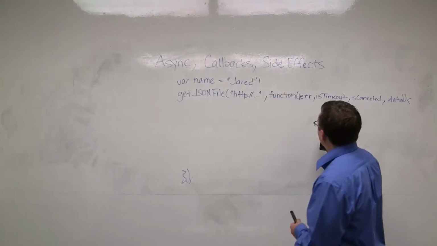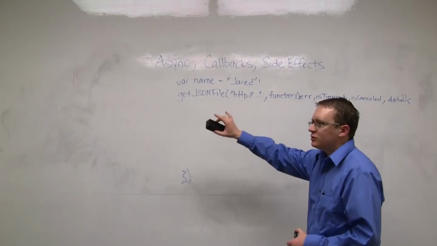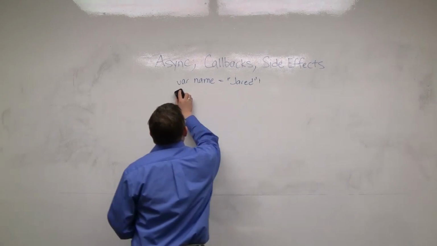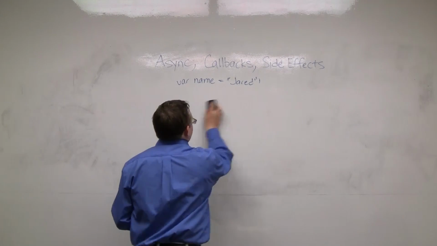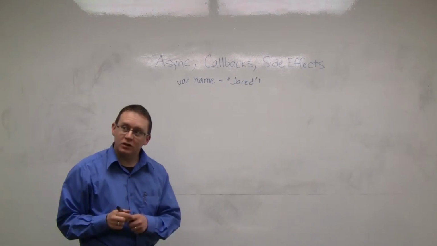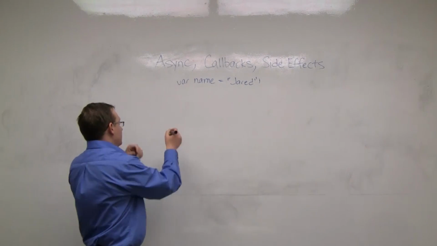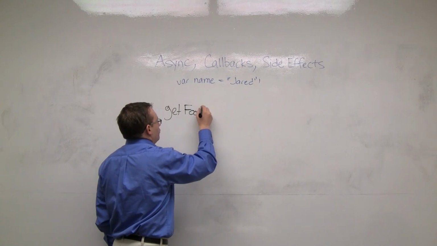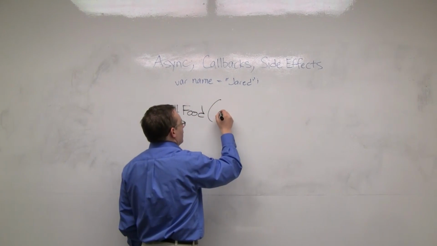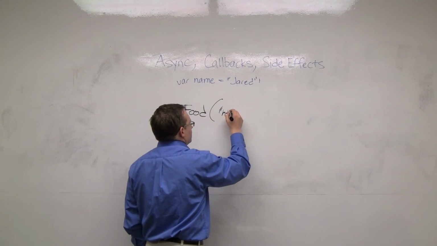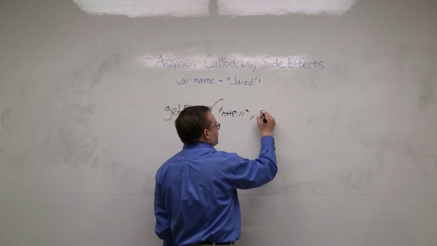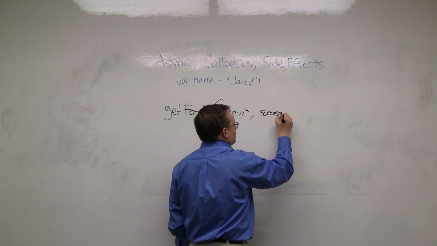I just thought of this, but there is a way that we could refactor this instead of passing in all of these arguments to that one callback. Something we could do is pass in the functions. We can have a location or whatever, then we can have a success function, right?